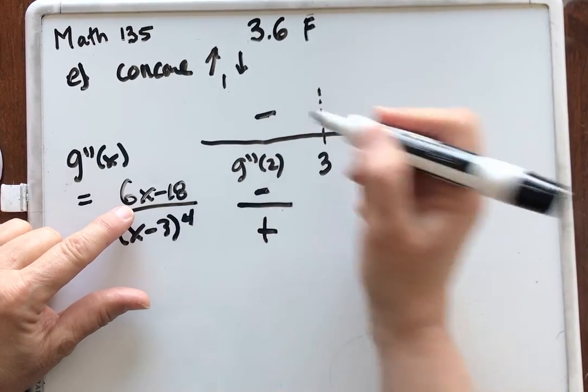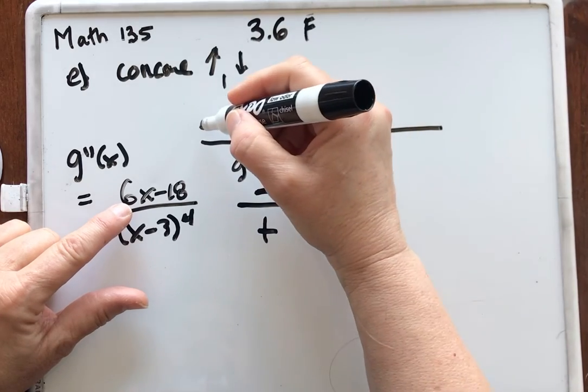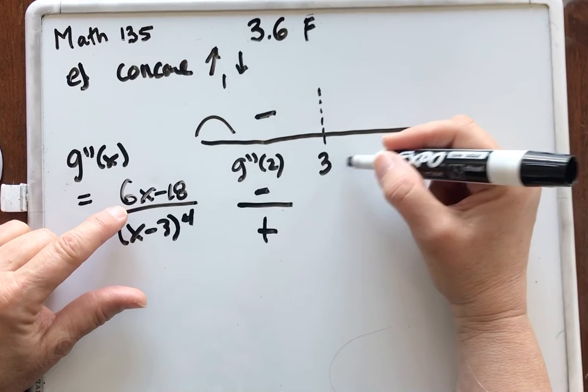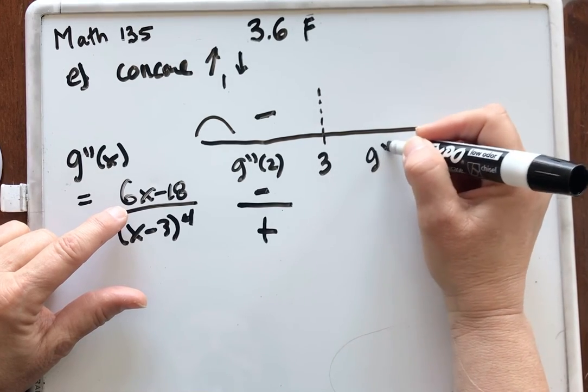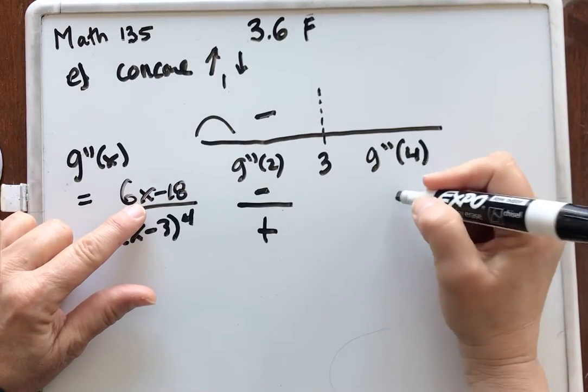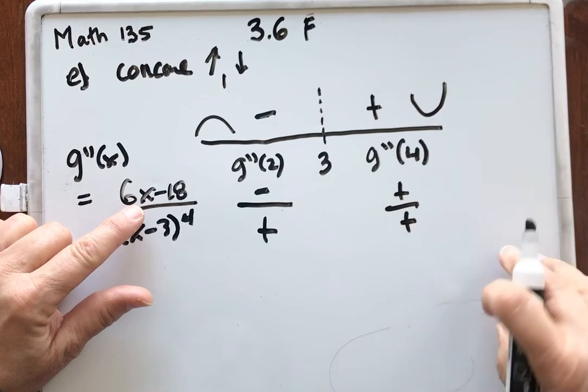So this is going to be negative. Negative means what? Concave down, right? Okay, next one. Bigger than 3, we're going to try g double prime of 4. If we put a 4 in there, we're going to get a positive. So we're going to have concave up.